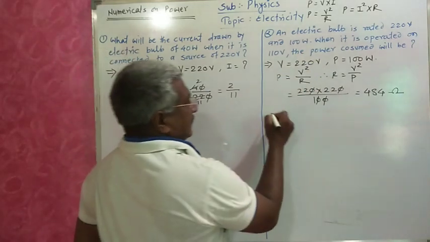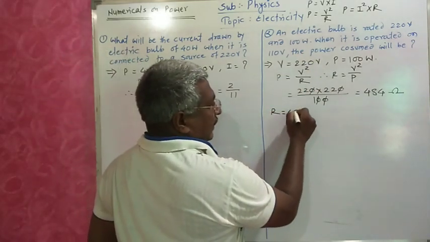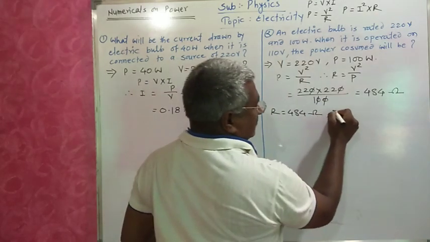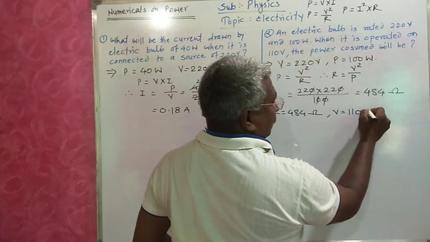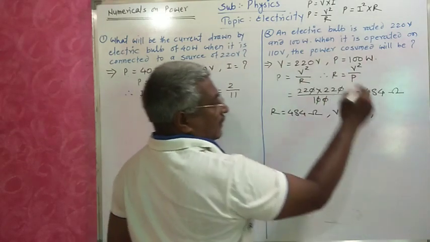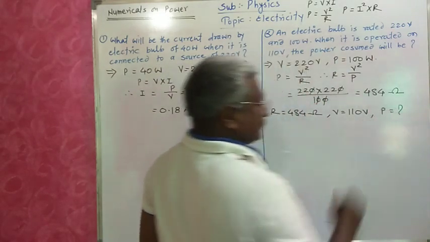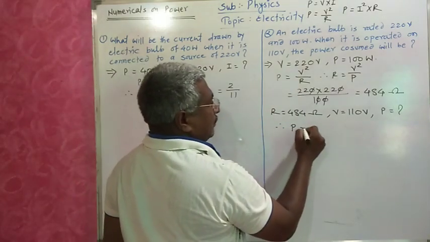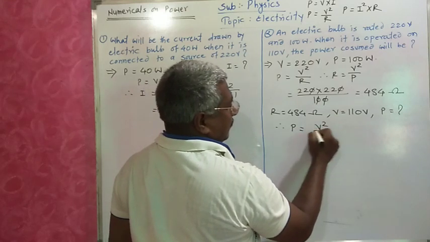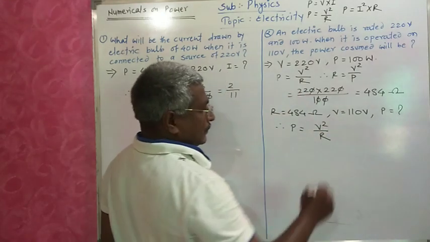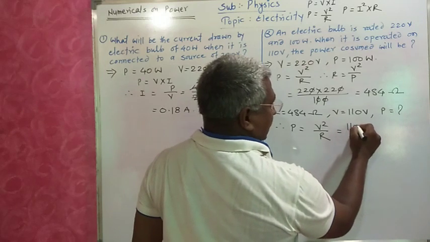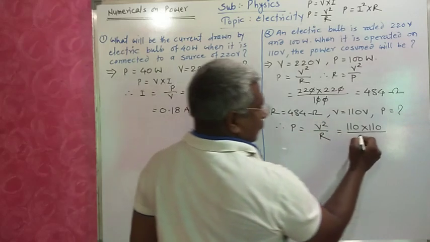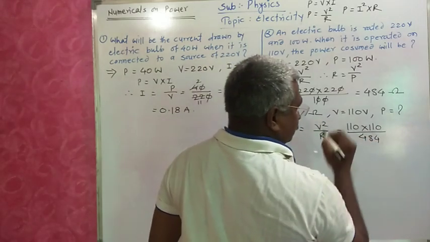Now we will go to the second part. What is given? R we got, 484 ohm. Potential difference is given, 110 volt. And what is asked? Power consumed. So now the same formula, P equals V square by R. Substitute the values: 110 into 110 divided by 484.